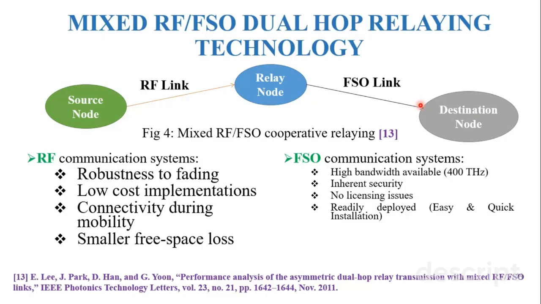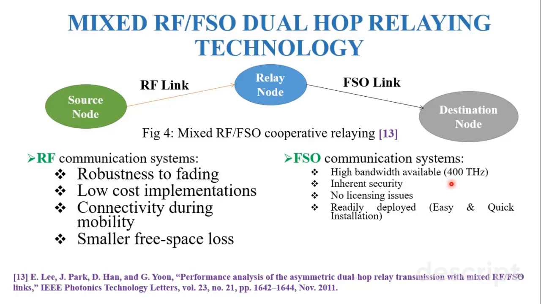You cannot overhear the information. There are no licensing issues because we are operating in such a high frequency range. It has not been licensed at this point. In future, maybe. And it can be readily deployed, which means that you just need one transmitter aperture, one receiver aperture, an FSO link, and that's it. Your communication system is established.